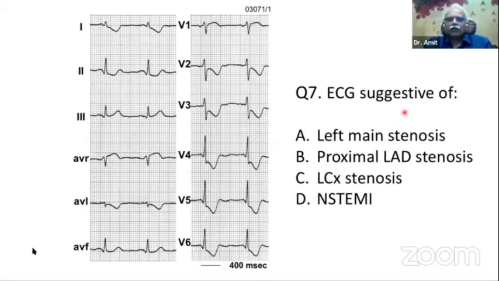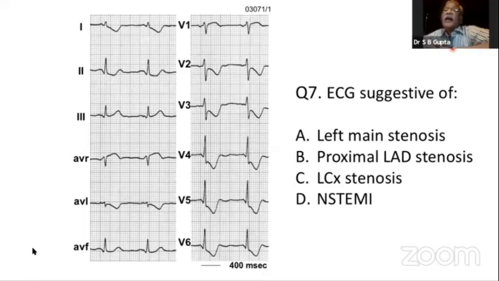The only thing in this ECG one should see is the aVR. aVR is showing an ST segment elevation as compared to the rest of the leads, which is a very subtle sign, but a very important sign. If there is an ST segment elevation in aVR with generalized ST-T changes, this patient has acute coronary syndrome.